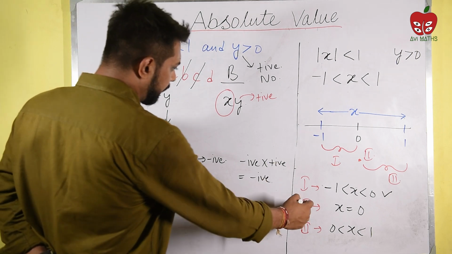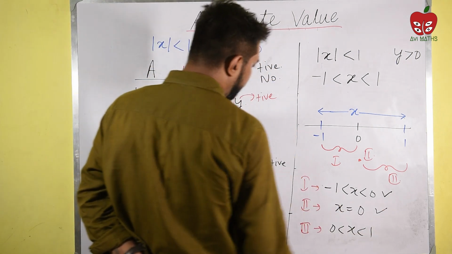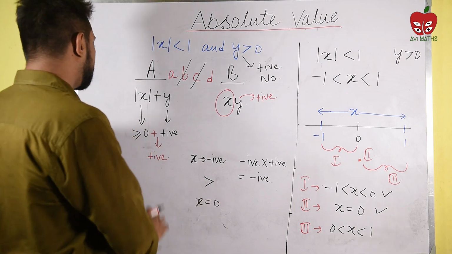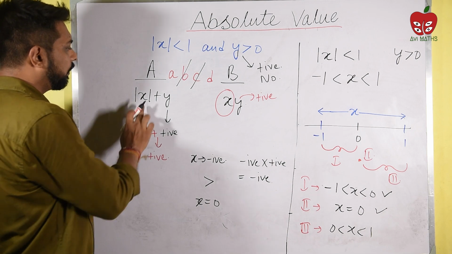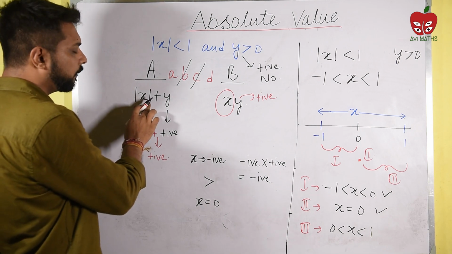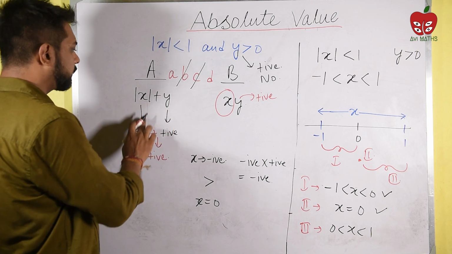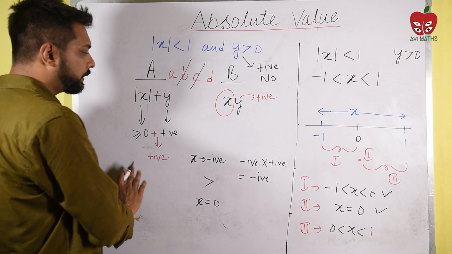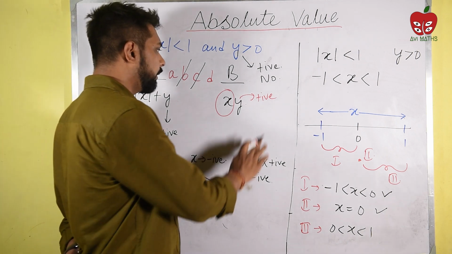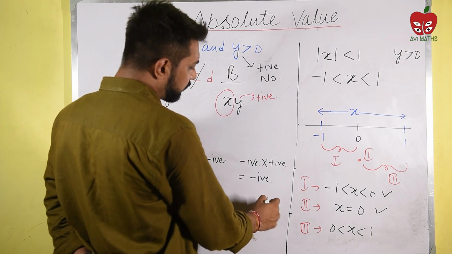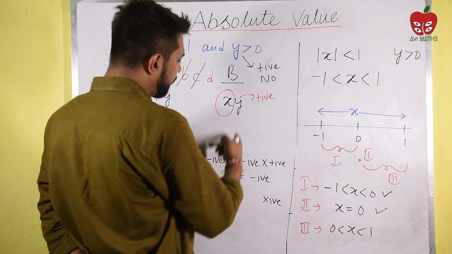Now check for the next case, the second part. When x is equal to 0, we check the right hand side as well. Mod x, putting x equal to 0, mod 0 will be 0 and y is a positive number. So if I am adding 0 with a positive number, then the left hand side will always be positive. Now come to the right hand side. We know that y is a positive number, but the x value is 0.